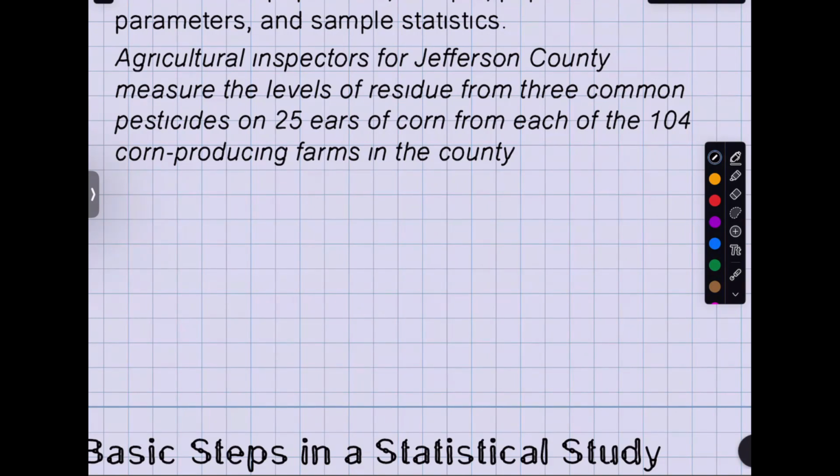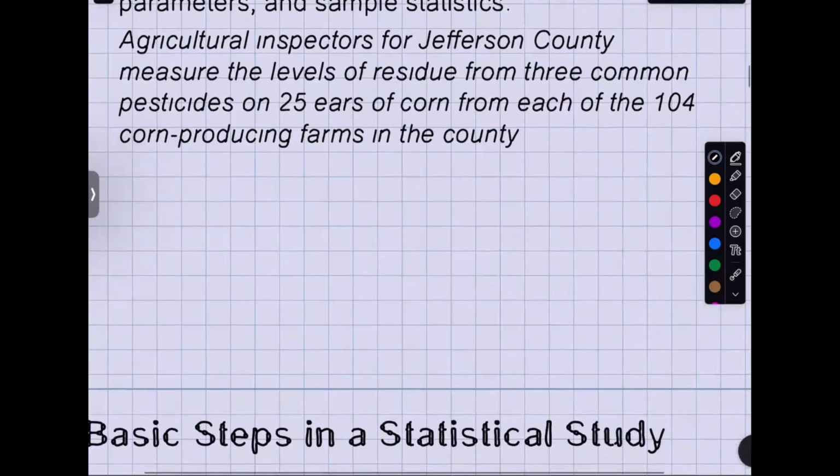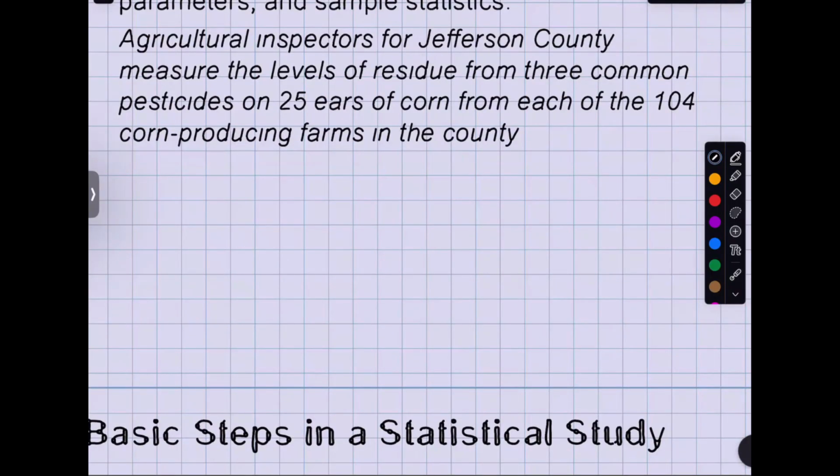The level of the residue of the 3 pesticides, right? And the sample statistic is what? No, that would be the sample. The sample statistic would be what's actually in those 25 ears of corn. What's the actual levels of the pesticides, right?